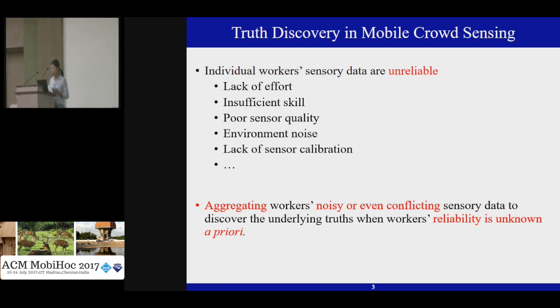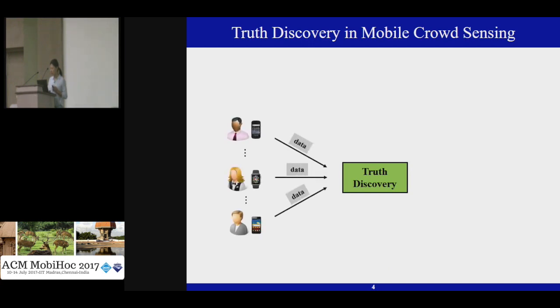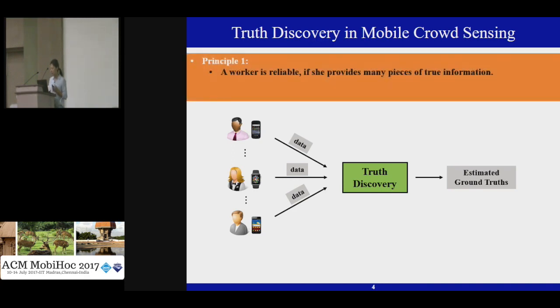To address this problem, a family of algorithms called truth discovery has been proposed and widely studied. A truth discovery algorithm typically takes workers' sensory data as input and outputs the estimated ground truth based on the principles that a worker is reliable if she provides many pieces of true information, and a piece of information is likely to be true if it is provided by many high-quality workers.